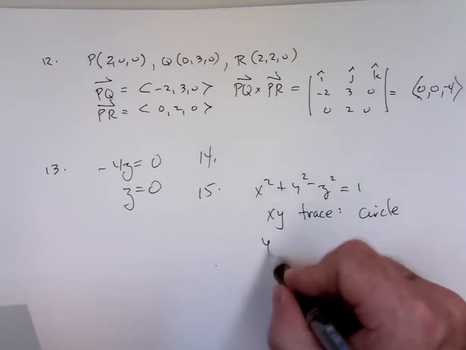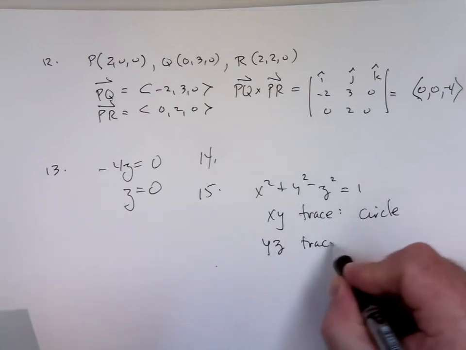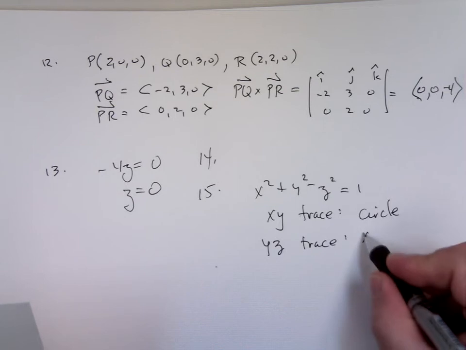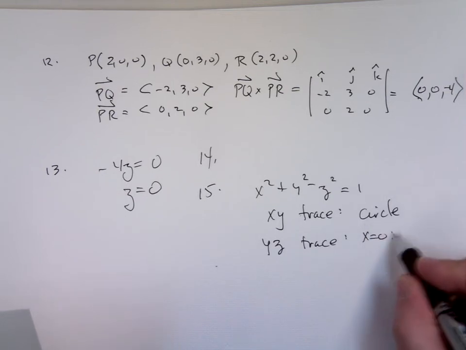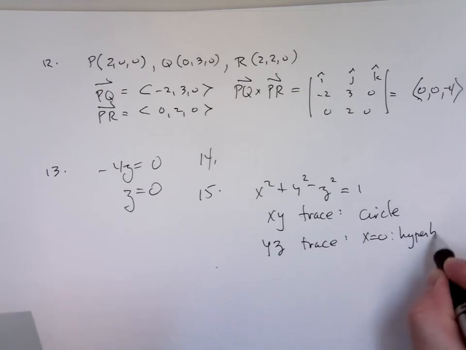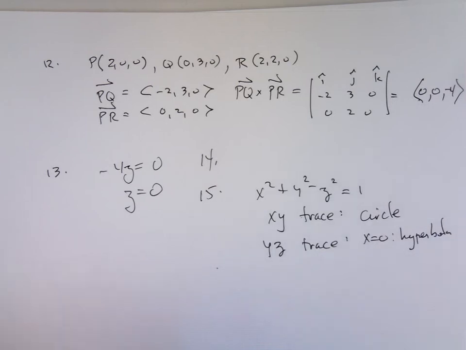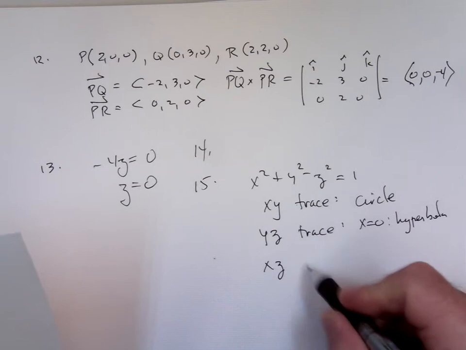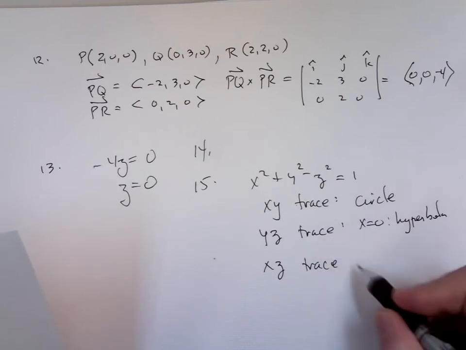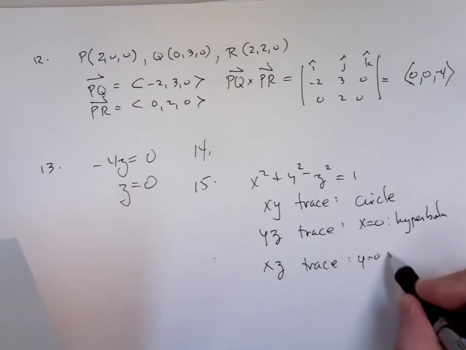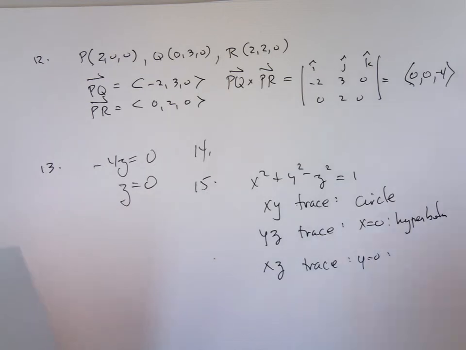Yz trace, let x equal 0, and we got a hyperbola. Wait, this is the apple core, right? Yeah. All right. Xz trace, let y equal 0, and you still got a hyperbola. You get the two hyperbolas and a circle in the middle.